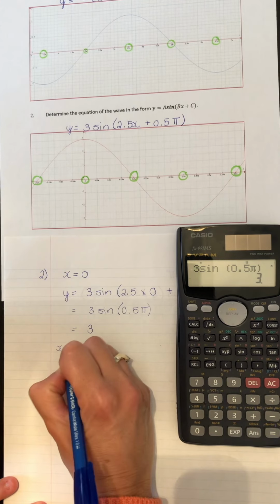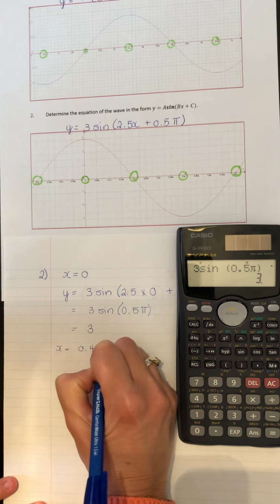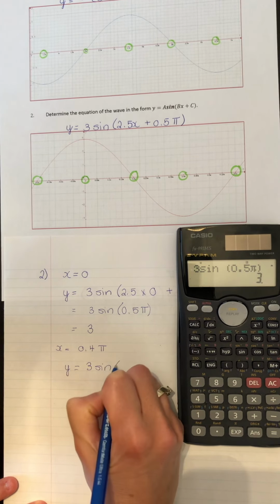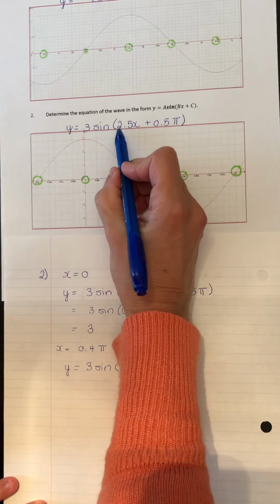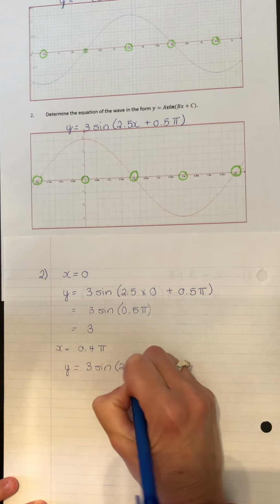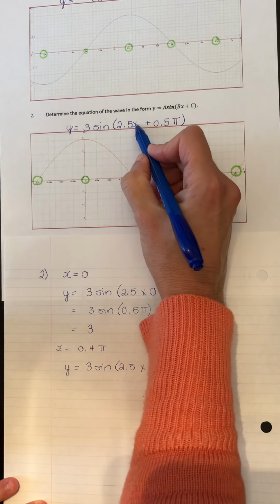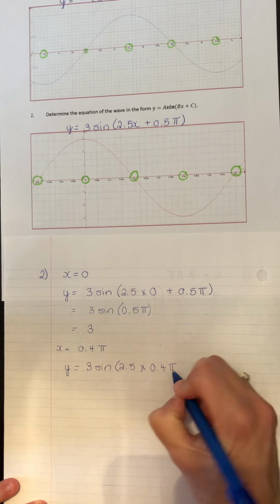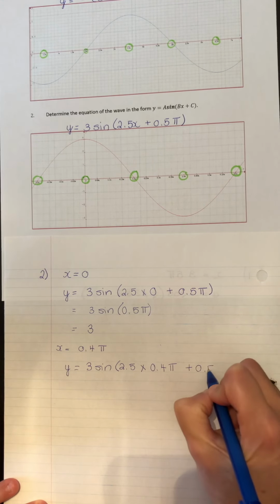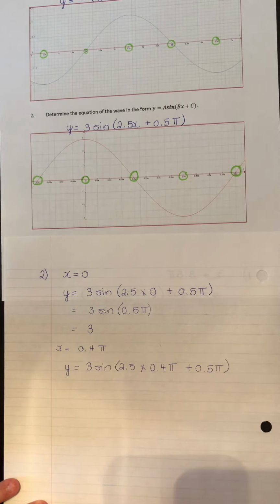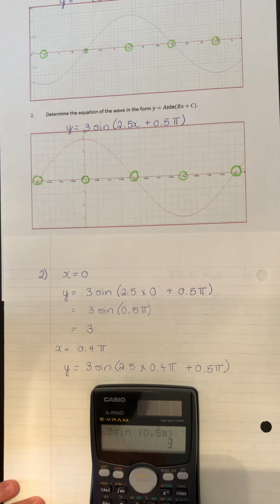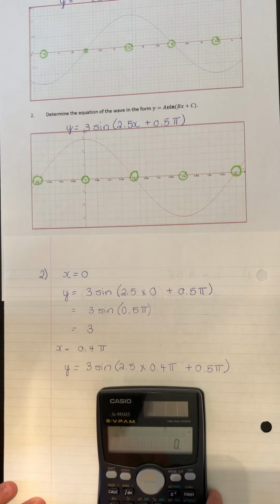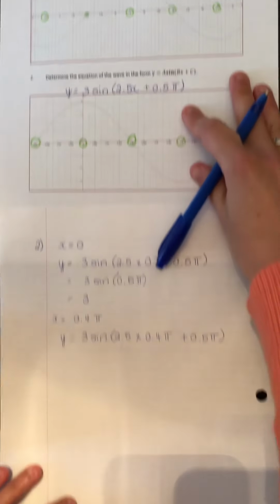So x is 0.4 pi, y is 3 times the sine of 2.5 multiplied by 0.4 pi plus 0.5 pi. Okay, and should I show you that you could just, even without simplifying it, punch it in like that?